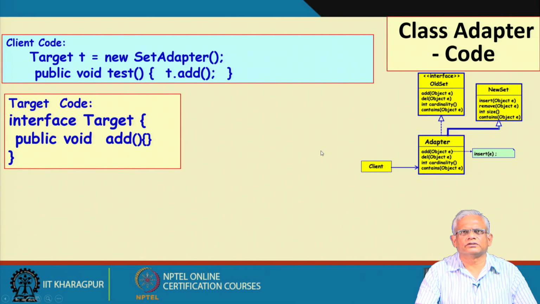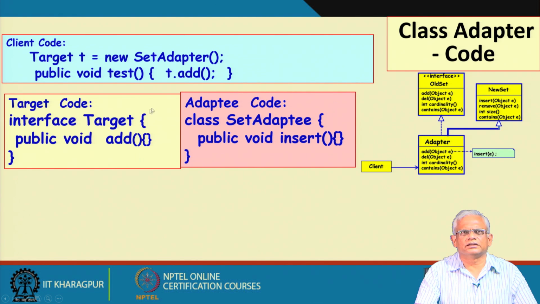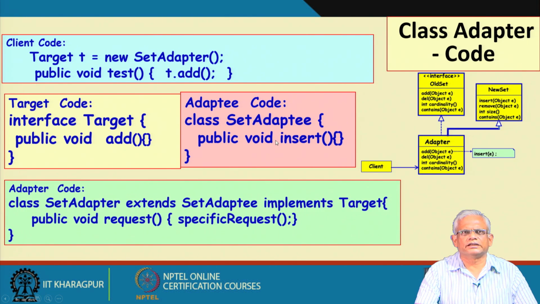Now, let us see the code for the target, which has the add method. I have not written the methods for all of these for simplicity, just consider the add method in the interface target. We have the add method here, and then the adaptee, and here we have the insert method. I have not written the body of the method, just to simplify it. And then we write the adapter code here.